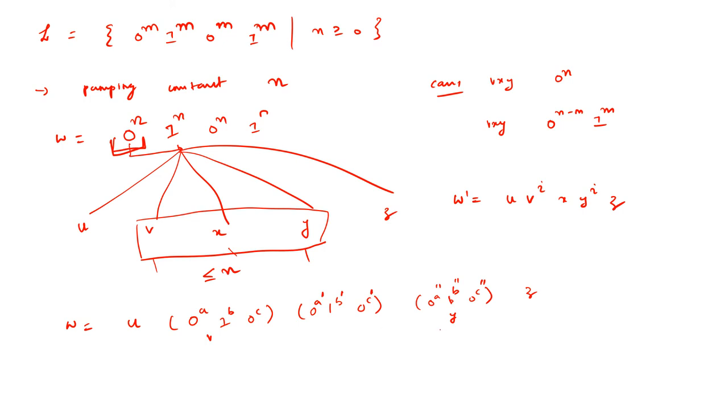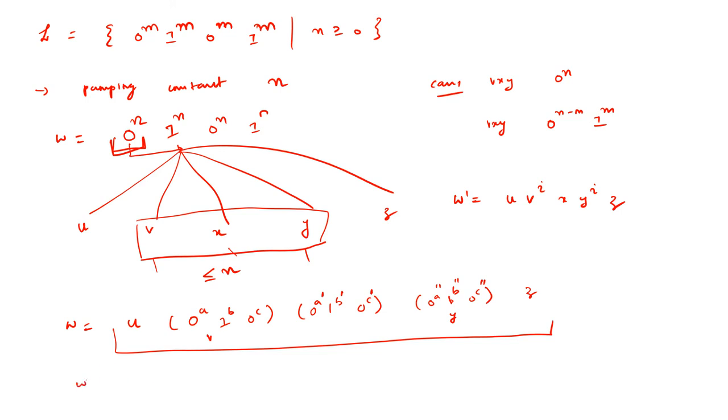Are you convinced that this is how the partition scheme will look? You can make a equal to 0, b equal to 0, and c equal to 0. That way, any partition you take will fall in this scheme.